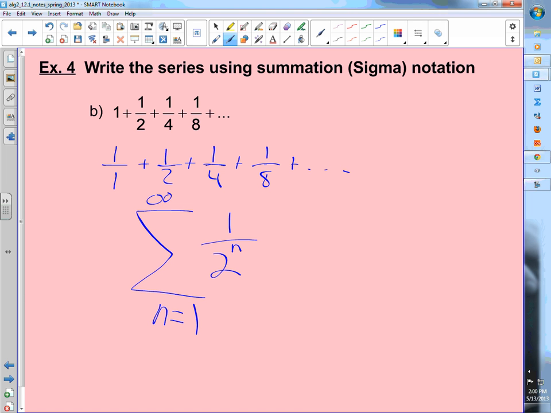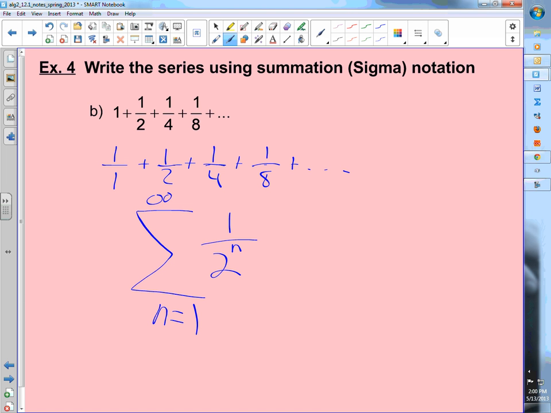You could start with a different number, but I wouldn't encourage that. If we started with 0, that would be great. The problem with starting with anything other than 1 is that when you start with 1, you're always finding the first term. If you start with 0, you'd be finding the first term, but sometimes it's confusing. Again, I'm okay with it.